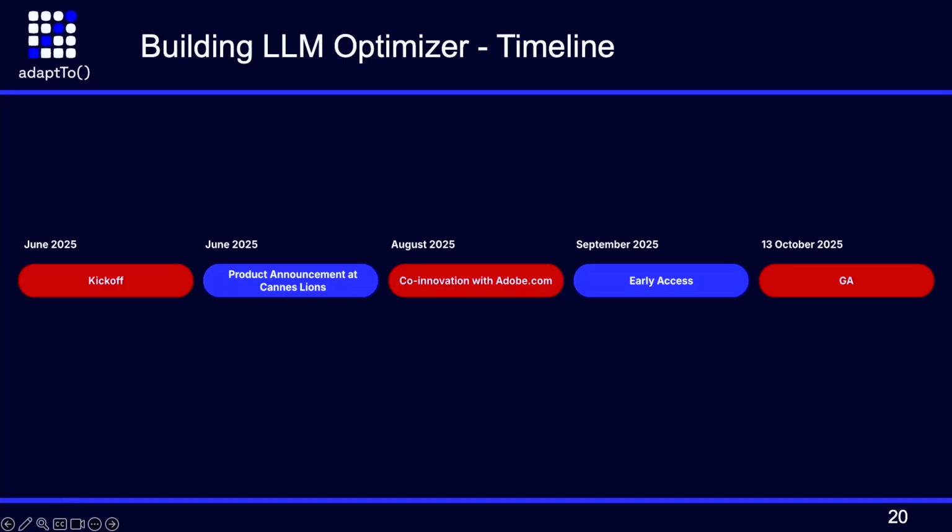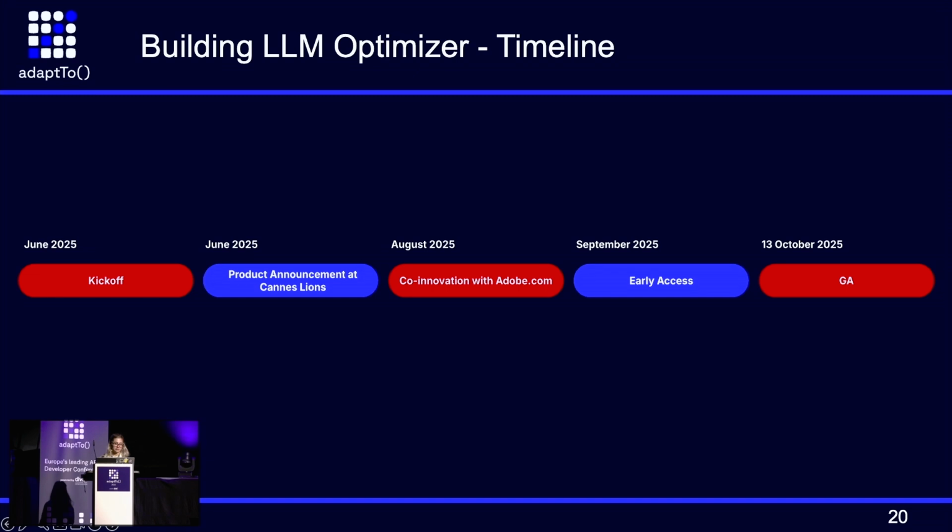This started as an idea. We did a hackathon kickoff in June 2025, and in the same month, this idea was announced in Cannes as a product. The next month, August 2025, we co-innovated with Adobe.com to develop this product.